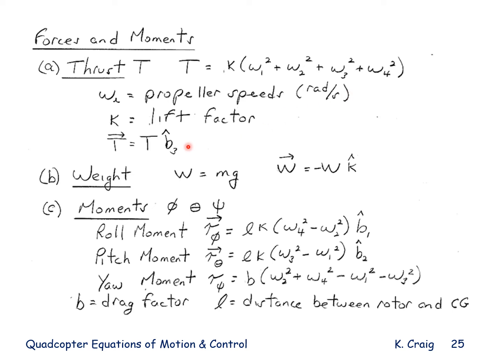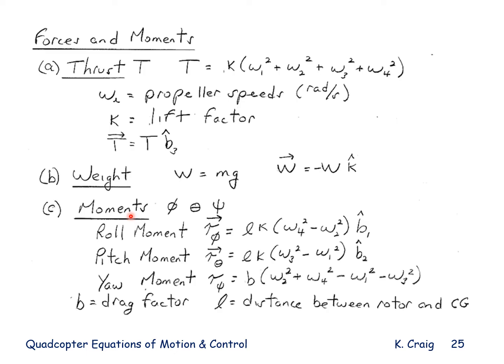The thrust vector is in the direction of the B3 hat unit vector, which is part of the body fixed reference frame. A second force is the weight. The magnitude of the weight is the mass of the quadcopter times the acceleration due to gravity. The direction of the weight vector is in the minus k hat direction, where the k hat direction is part of the inertial reference frame.